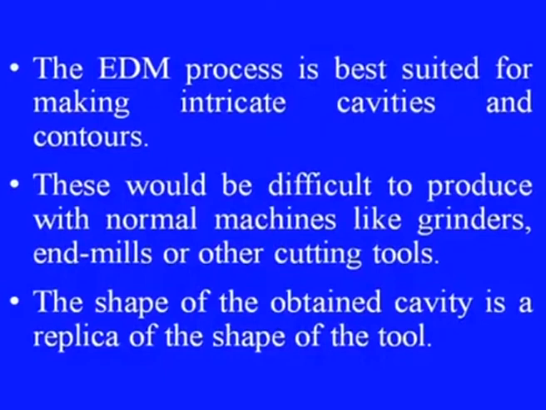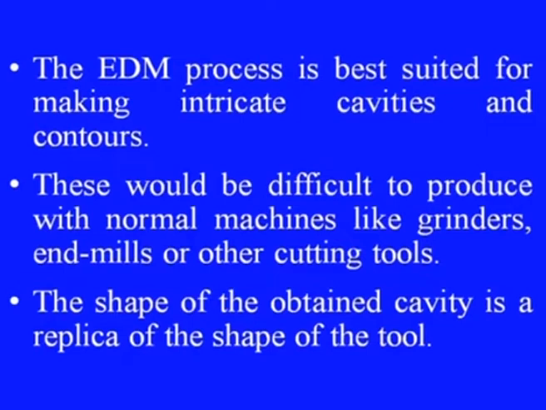Here we go by some other principle which is predominant in material removal. But the only limitation of this process, a major limitation I must say, is that only electrically conducting or semiconducting materials can be machined by this process. The EDM process is thus best suited for making intricate cavities and contours. These would be difficult to produce with normal machines like grinders, end mills and other cutting tools.